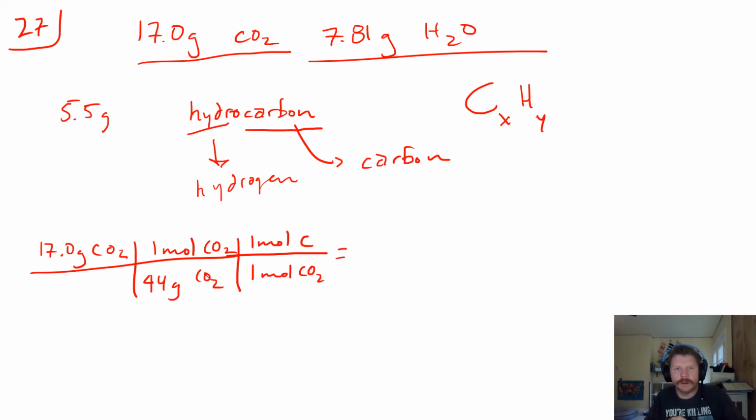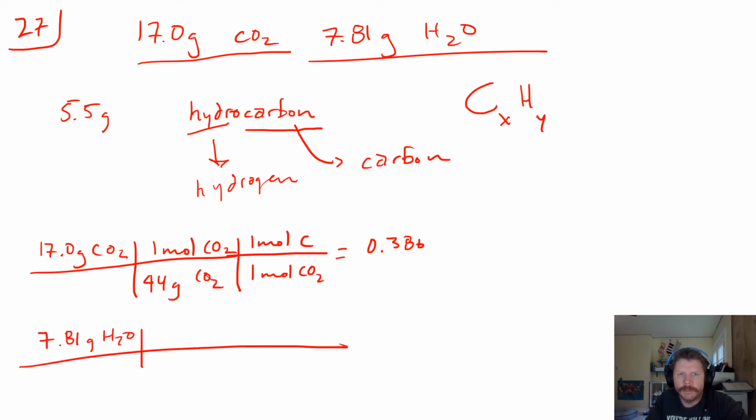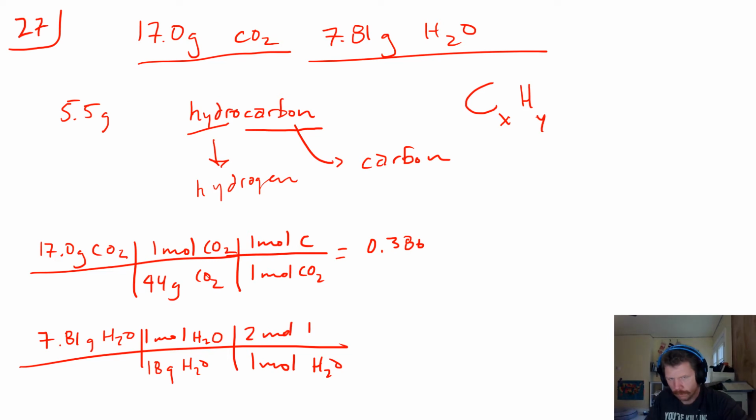I'm going to solve this right here. 17 times 1 times 1 divided by 44 gives me 0.386. Now the next item, hydrogen, 7.81 grams of H2O. My molar mass for H2O is about 18 grams per 1 mole of H2O, and in 1 mole of H2O I have 2 moles of hydrogen.